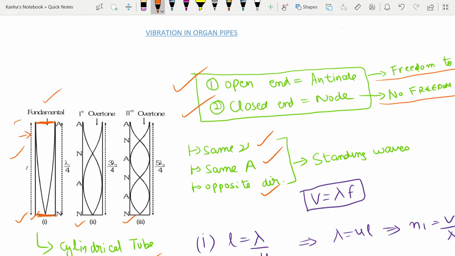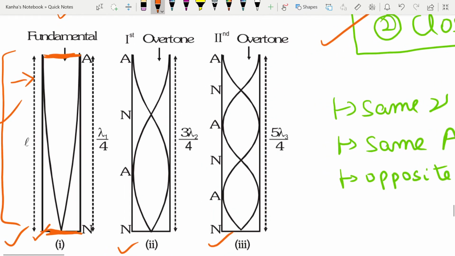If the length of the entire column is L, then I can have various cases. The first is the fundamental case. What happens in the fundamental case? If you look closely, this is your incident wave. It forms a node here, gets reflected back, and forms an antinode.